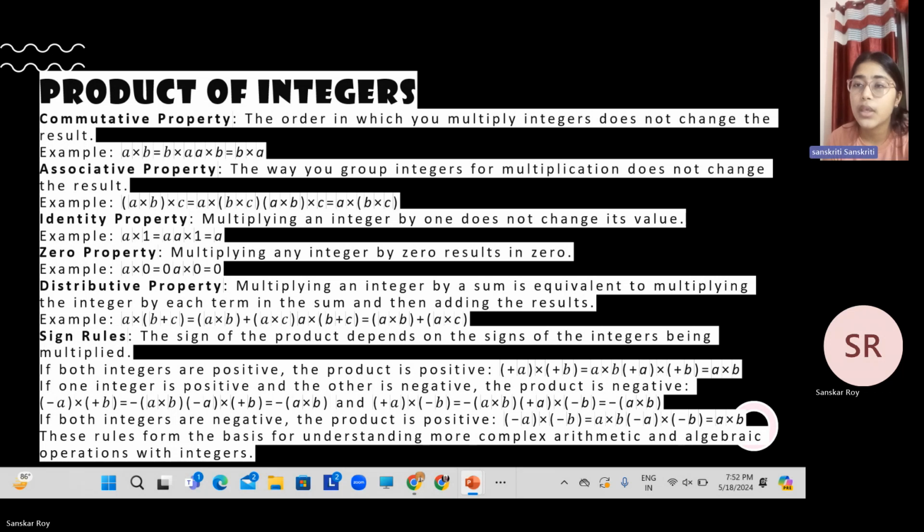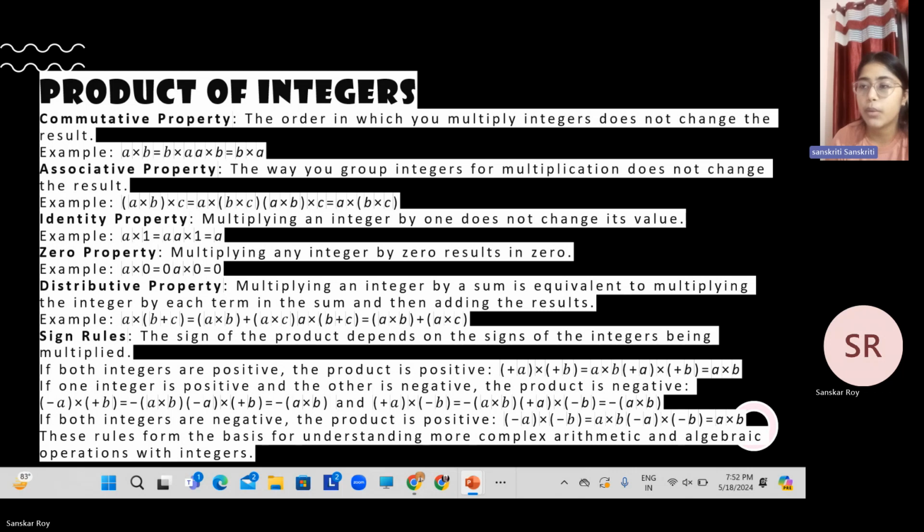Example: a into b into c can be written as a into bracket of b into c. Now, identity property: multiplying an integer by 1 does not change the value. There it was 0, here it is 1, and we are going to multiply it. It will remain the same. a into 1 equals a.